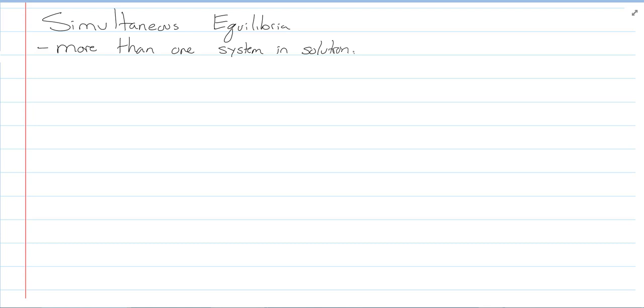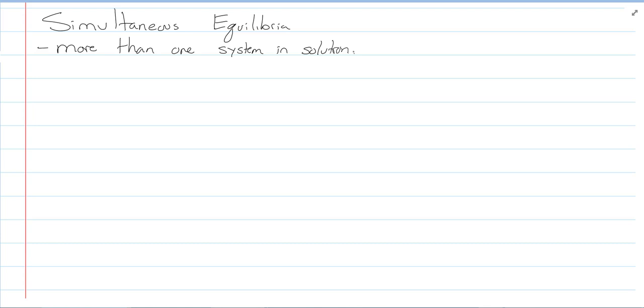That's a system. Water undergoing its equilibrium where it dissociates into the solvent cation, solvent anion. That's a system. Right? Glucose burning and oxygen to produce carbon dioxide and water. That's a system. So any of these chemical systems we have, any KSPs, any KAFs, KAs, KBs, KW, they're all systems. And now we have more than one system in solution.